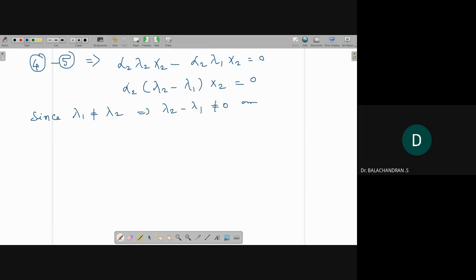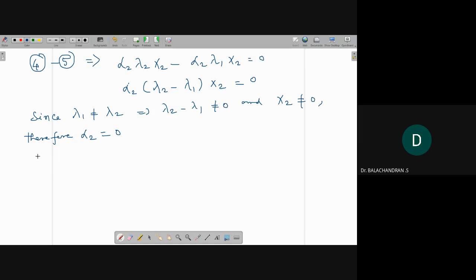And x2 is also a non-zero eigenvector. This is non-zero, but the product is equal to 0. So therefore alpha 2 should be 0. Similarly, we will prove alpha 1 is 0.